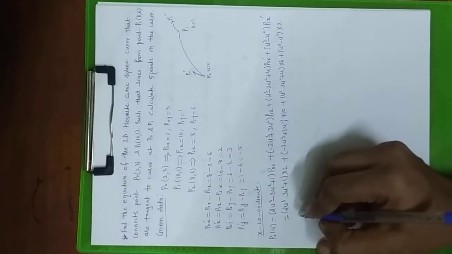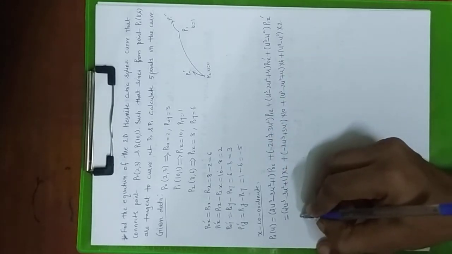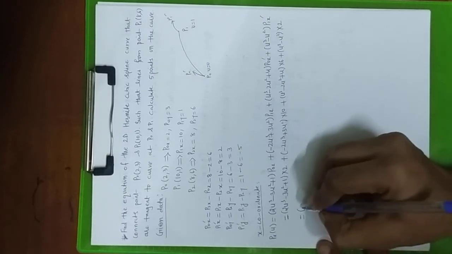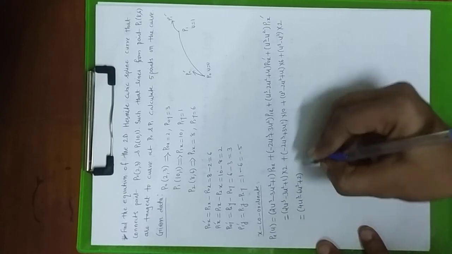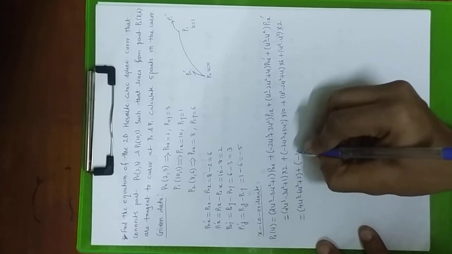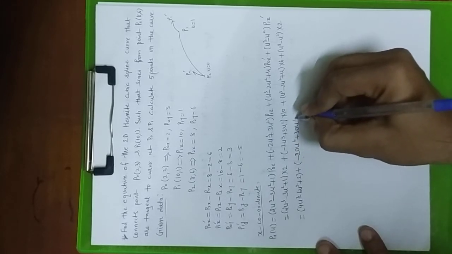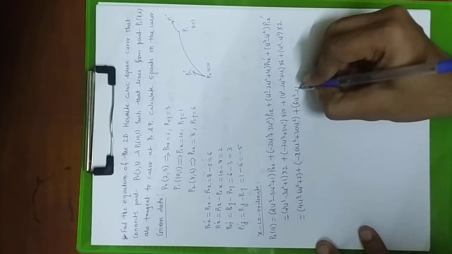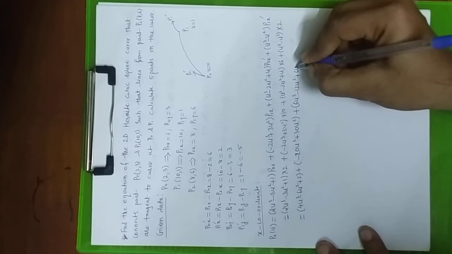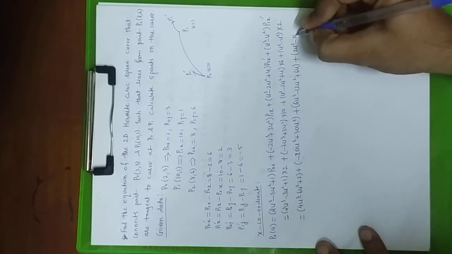Okay, after multiplication with the values 2, 10, 6, 2 inside the parameters, I'll get 4u cube minus 6u square plus 2, minus 20u cube plus 30u square, plus 6u cube minus 12u square plus 6u, plus 2u cube minus 2u square.